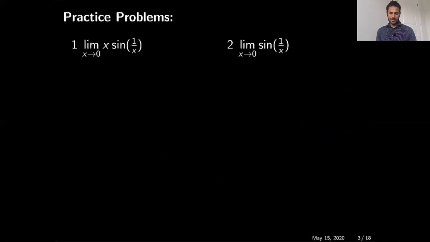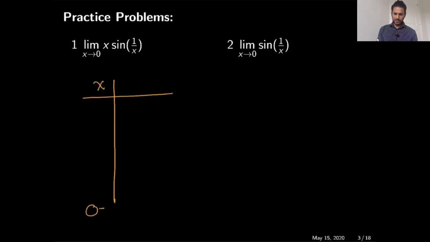Let's begin with the next example, which is sine 1 over x. Again, we will calculate the limit in one table from the left, and in one table from the right. We will approach 0 from the left and 0 from the right.